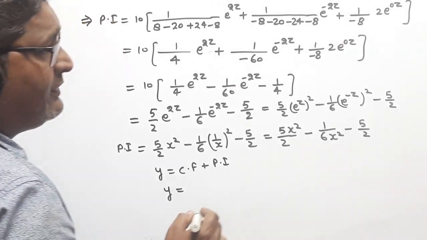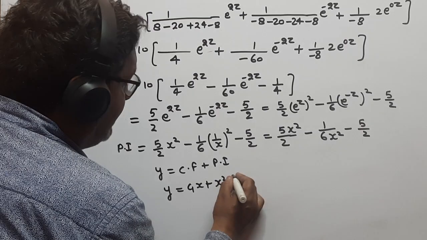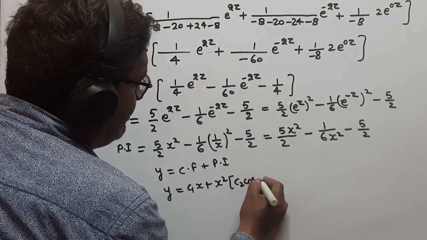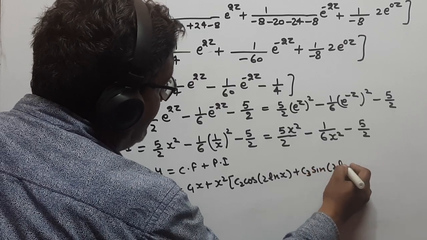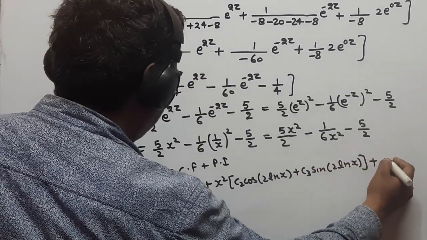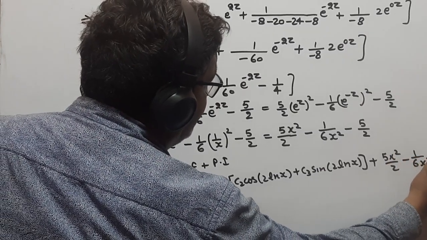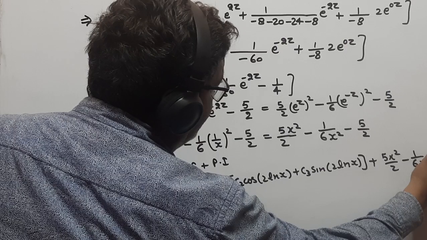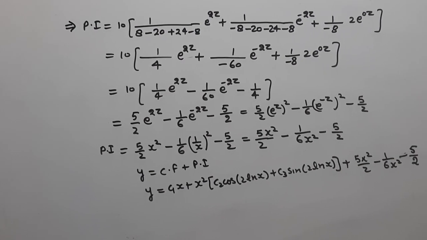So the complementary function is c1 x plus x squared times c2 cos 2 ln x plus c3 sin 2 ln x, plus 5x squared divided by 2 minus 1 upon 6x squared minus 5 divided by 2. So this is the general solution of the given homogeneous linear differential equation. Thank you.